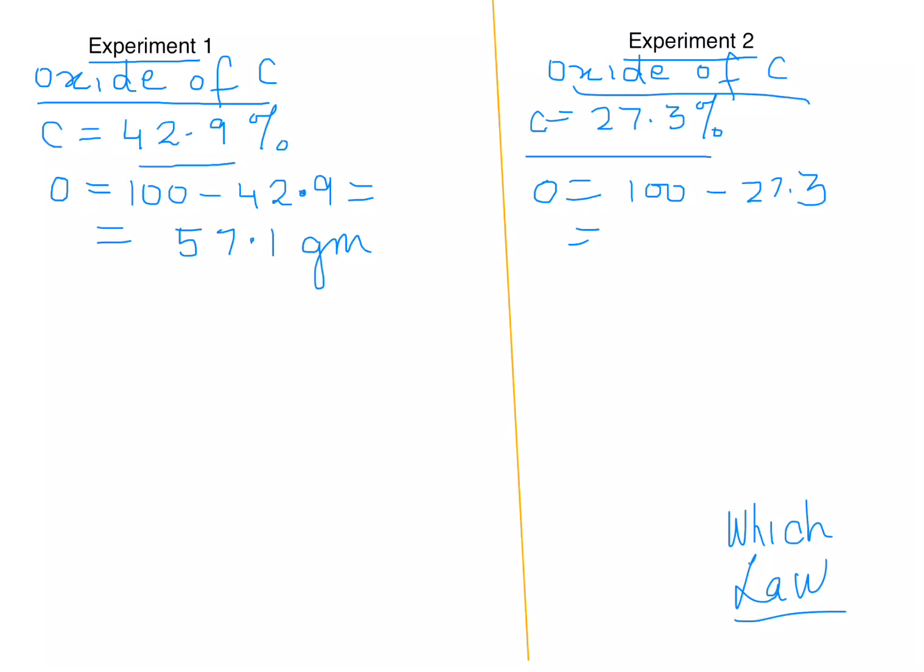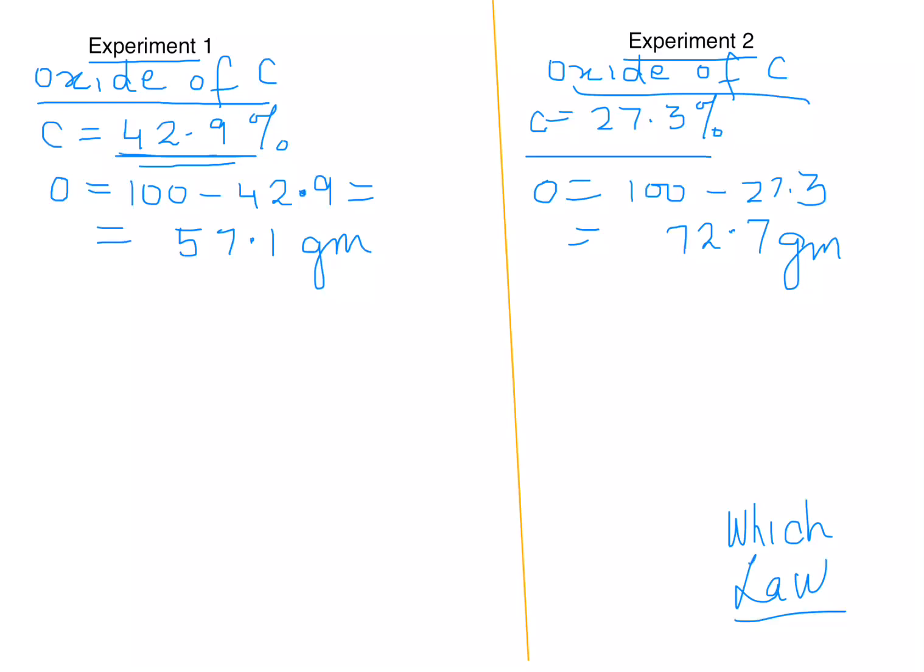And here the value would be 72.7 grams. Now you have to see whether the ratio of the oxygen which is combining with the same weight of carbon is 1:1 or some multiple of it. If it is 1:1, that means it is the law of constant proportion. But if it is some multiple of it, that means it is the law of multiple proportions.